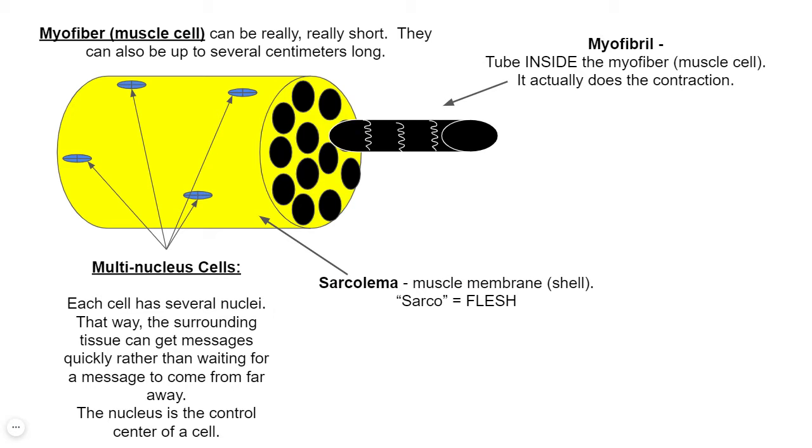Think about a suspension bridge and those big, long steel cables that go down the bridge. Each of those steel cables is really a whole bunch of smaller steel cables wound together. That's kind of how our muscle cells are designed. So the myofibril is inside the myofiber, or the muscle cell, and that's where the contraction takes place.